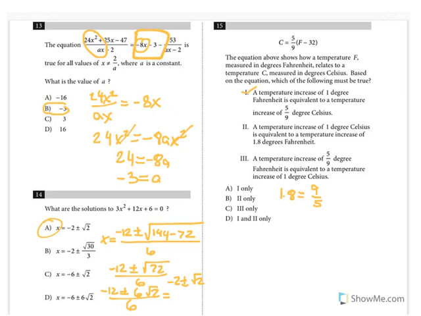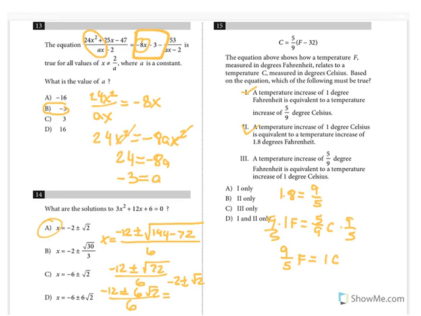Now we have to look at what we have for the first one. If an increase of 1 Fahrenheit equals an increase of 5/9 C, and we rearrange this and multiply by 9/5, this comes out to 9/5 F equals 1 C. So statement 2 has to be true.